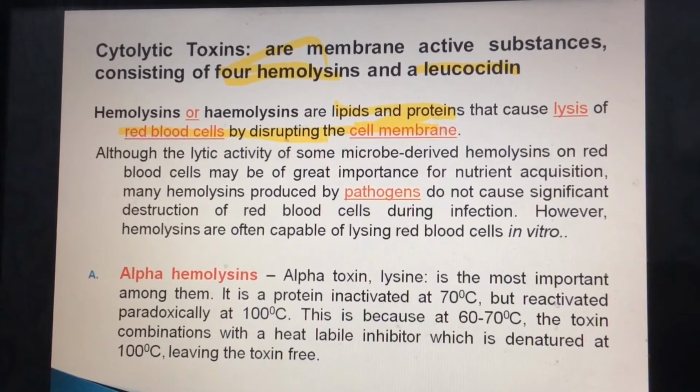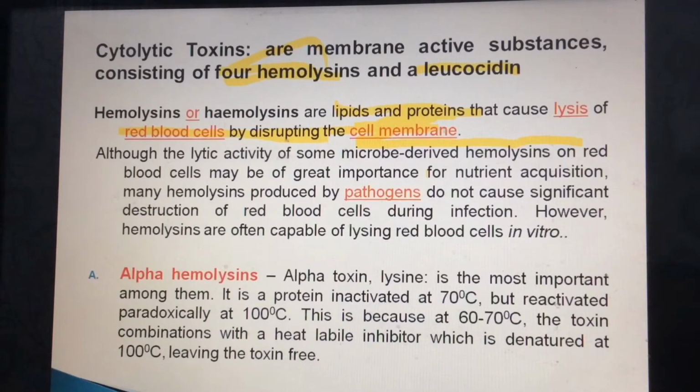This lytic activity may be of great importance for nutrient acquisition by the microorganism, because some bacteria need nutrients from inside the RBC. After disruption, these nutrients come into direct contact with the bacteria.